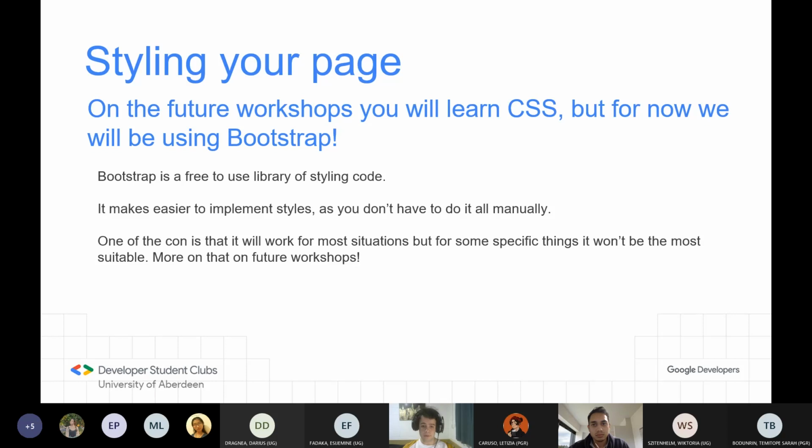Bootstrap is a free-to-use library. It makes it much easier for beginners to implement styles and to organize your websites the way you want to. The only con with this is that you can't really do everything, but it pretty much covers most of the ideas that you might have for your website. For now it will do, and in the future, if you want to do something more specific, we'll go into it in a next workshop.